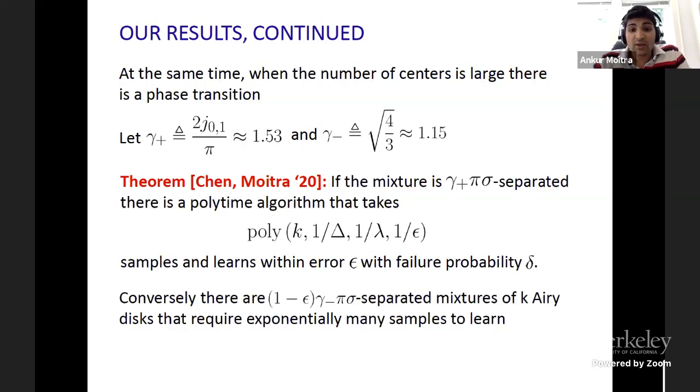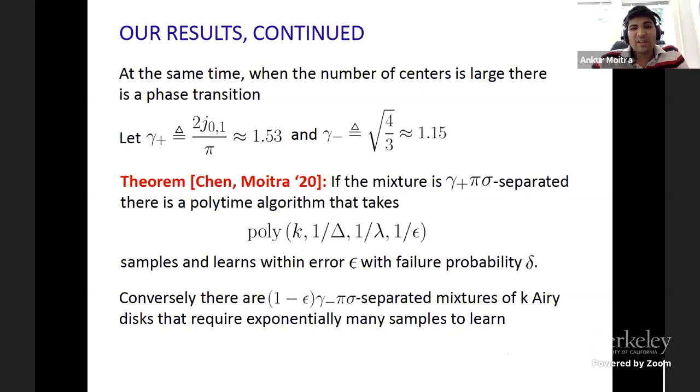And conversely, it turns out that beneath some other constant times pi sigma, beneath the separation 1.15 times pi sigma, there really are separated mixtures of K Airy disks that you need exponential in K many samples to learn.